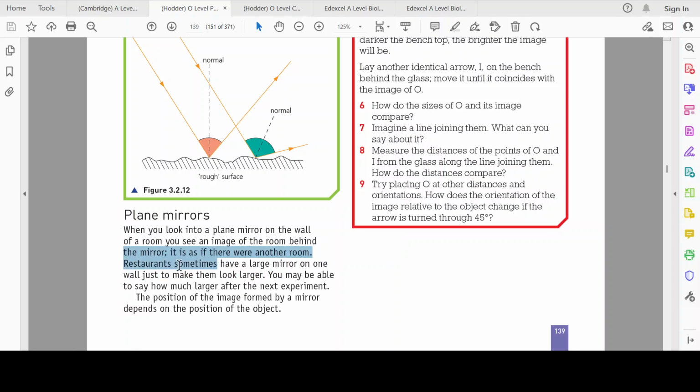You would want to keep this in mind, because there can be a 1-mark question perhaps in an exam, asking you to give a practical situation where mirrors are used. For example, they mentioned that restaurants have large mirrors on a wall to make the room look larger because it's reflecting the entire room, so it seems twice as big as it actually is, right?